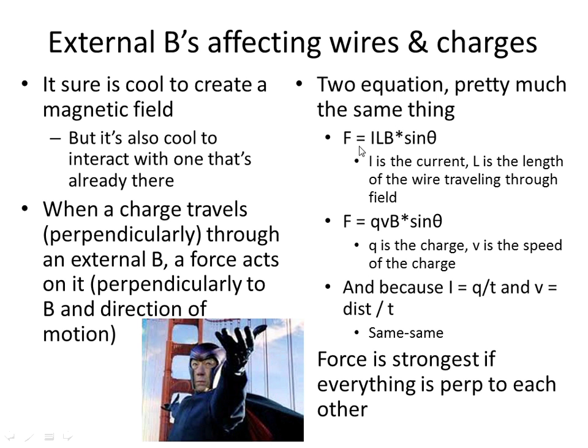First one is F equals ILB, where I is the current, L is the length of the wire in the magnetic field, and B is the magnetic field itself. And then, of course, there's the sine theta in there. Everything's got to be perpendicular to get our maximum values. Then we've also got this one, F equals QVB sine theta.